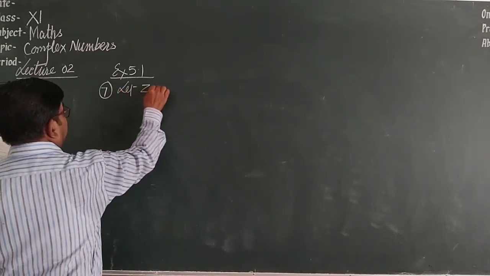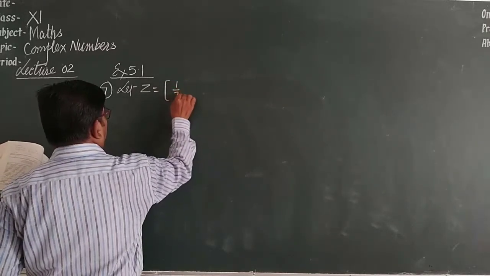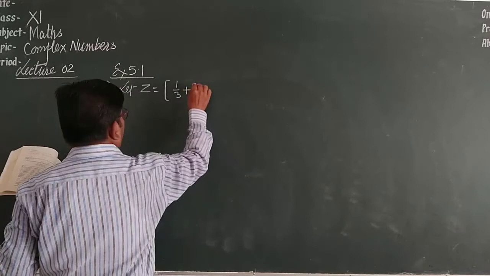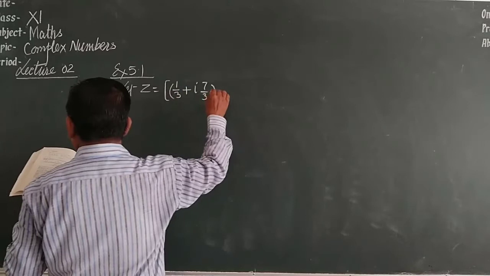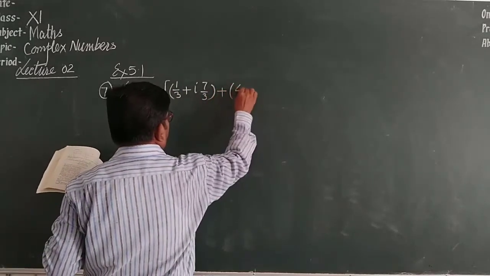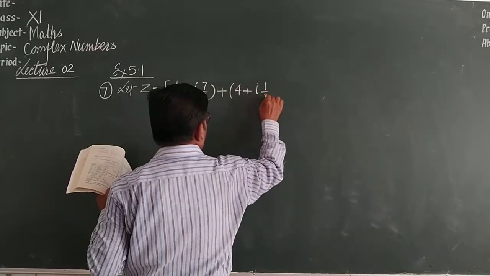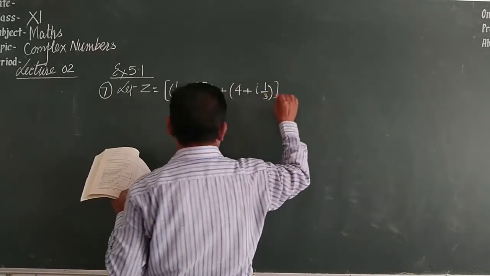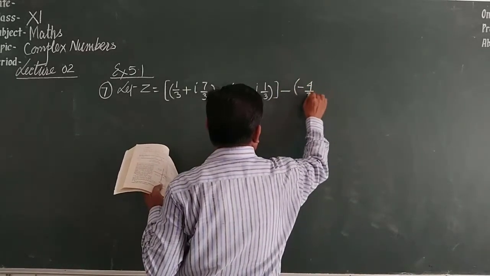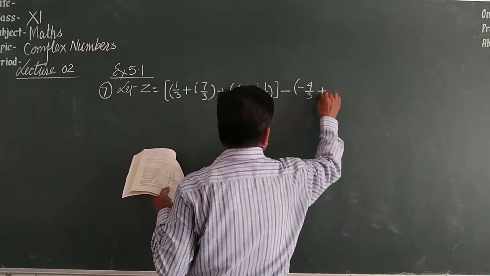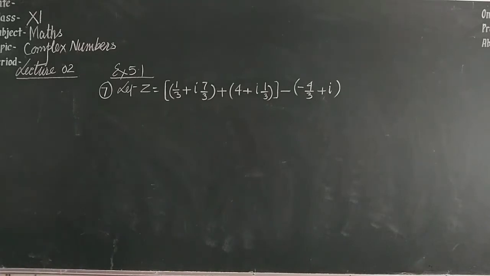Let z is equal to 1 upon 3 plus i 7 upon 3, plus 4 plus i 1 upon 3, minus 4 upon 3 plus i. So we have to simplify this as a complex number.